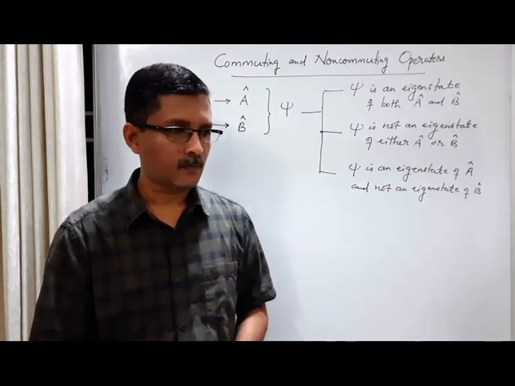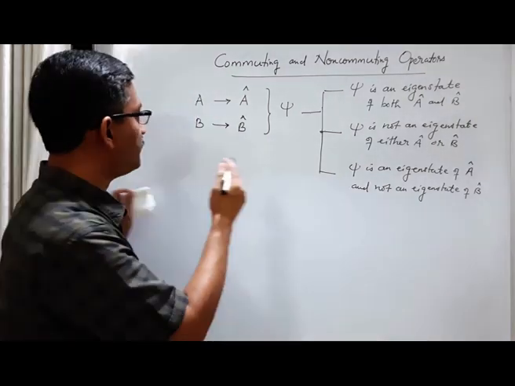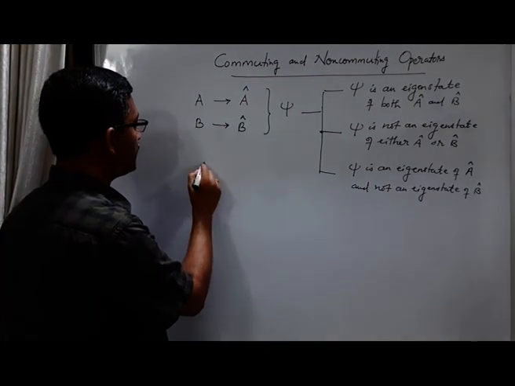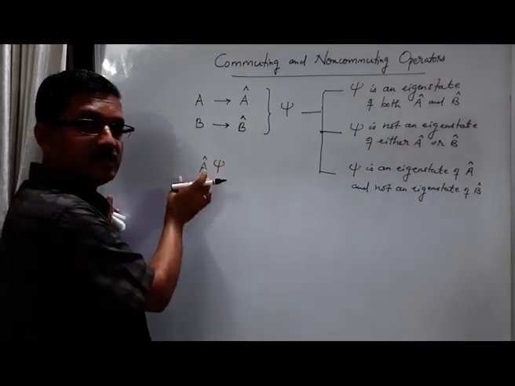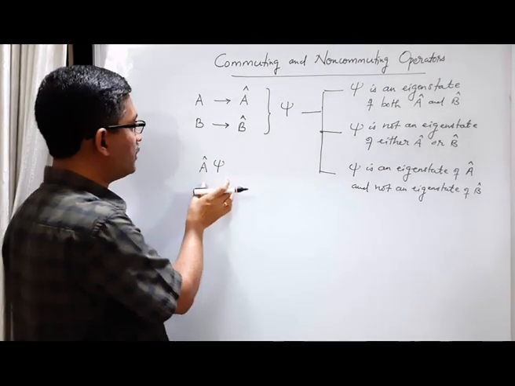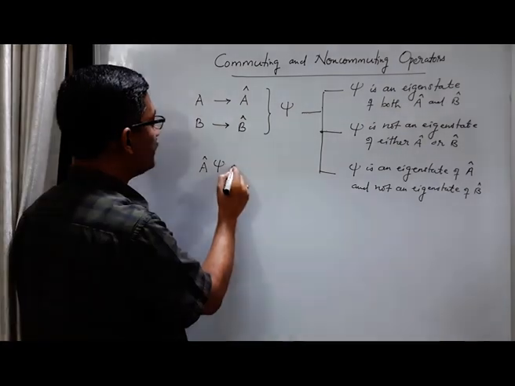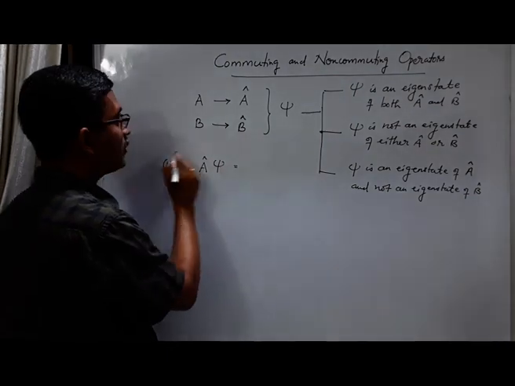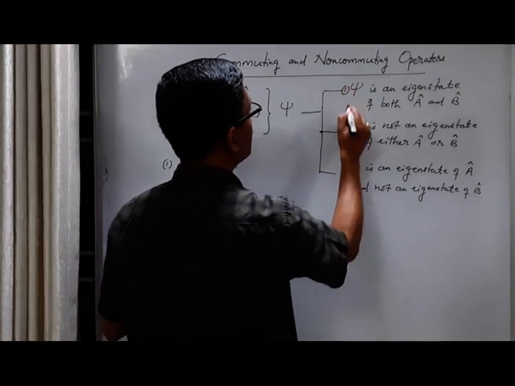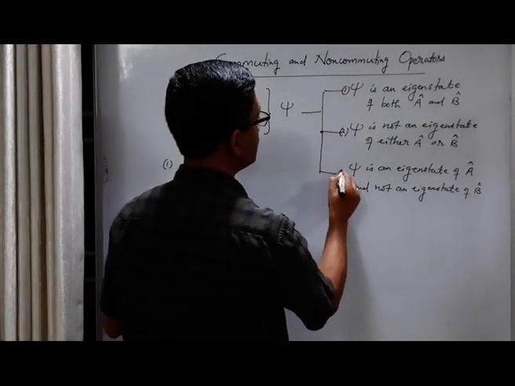So first we measure A, let us say. When we measure A on the state psi, mathematically we can say the operator A is acting on the wave function psi. Remember that we consider the first possibility, this is the first, this is the second, this is the third possibility.